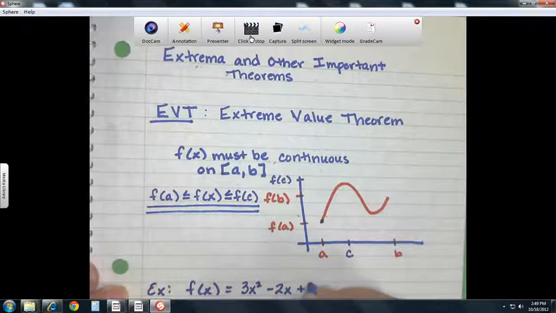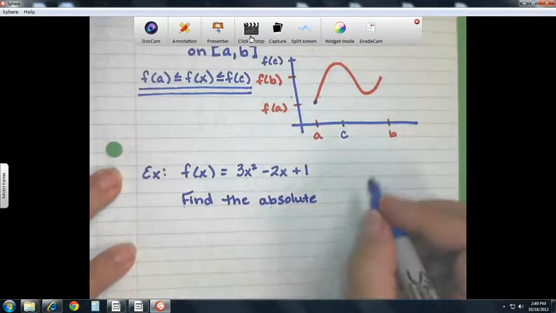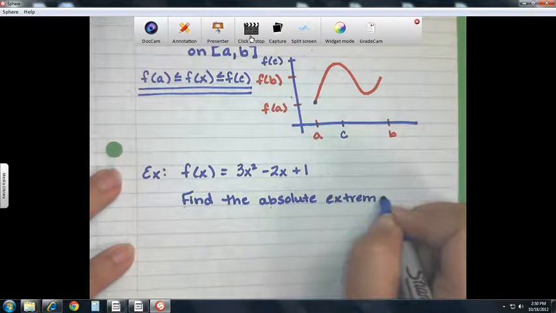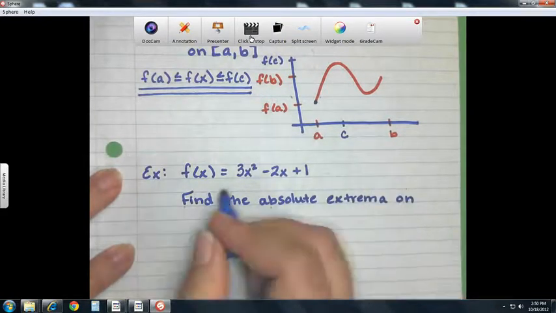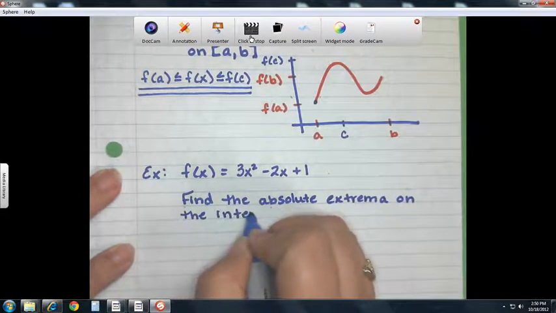Find the absolute extrema on the interval (0 to 5).